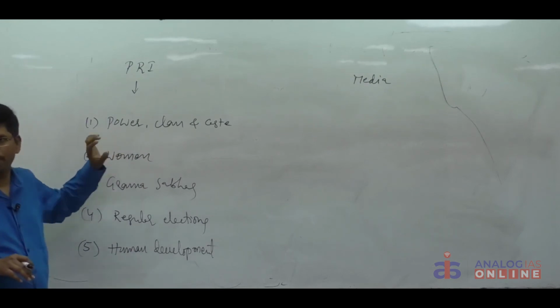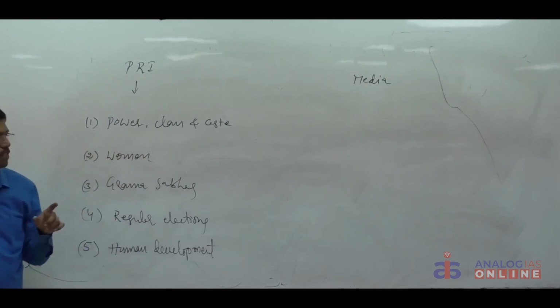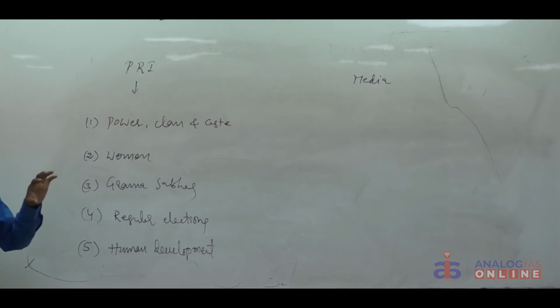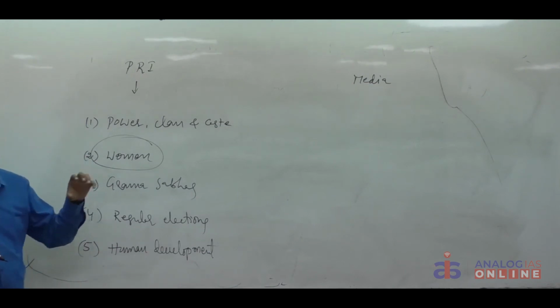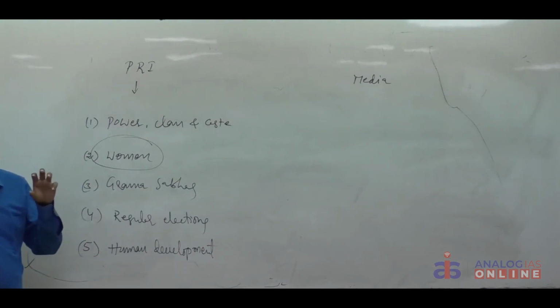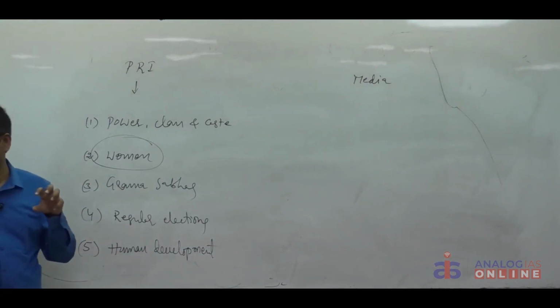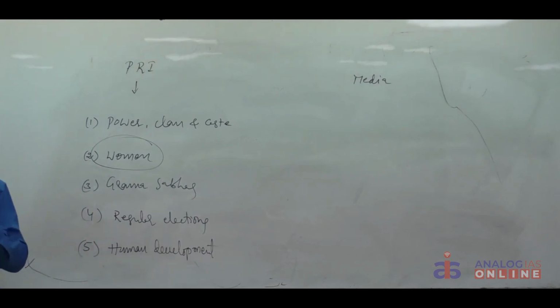Second one is women. Here, women are the weaker sex. In Indian society, they have very less representation, very less voice. Because of the one-third reservation provided for women through the Panchayat Raj Act, many women started contesting the elections, reached the power positions and have taken independent decisions also. But here also we observed the same problem, the proxy system.